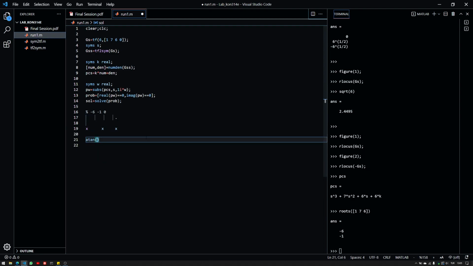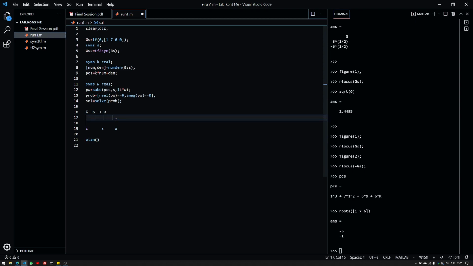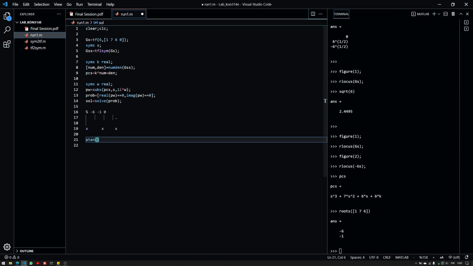So we can directly say that since this distance here is omega, and then we know what the distances here are, we would say that atan of omega divided by 6, because that is basically the angle that we can write here. So using the tangent here, omega divided by 6 would give us this here.